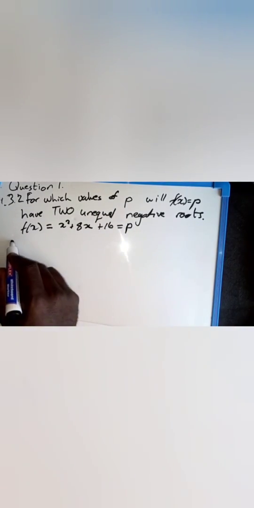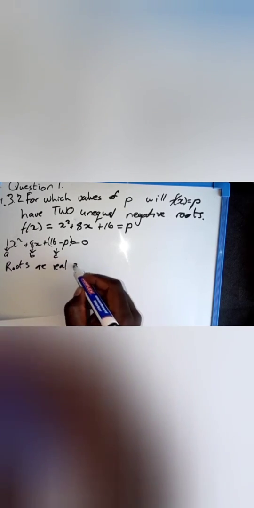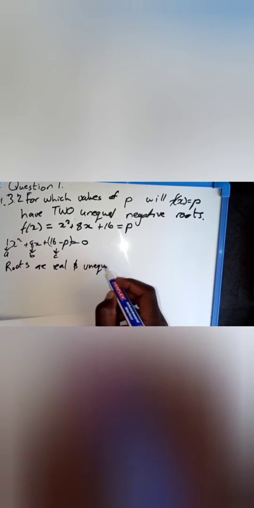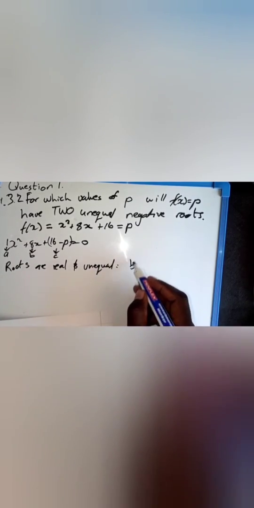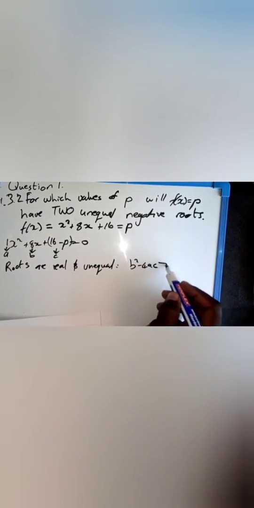First things first, you say x squared plus 8x plus 16 minus p equals 0, which means here you've got a 1, here I've got 8, and here I've got 16 minus p. This will be a, this will be b, and this will be your c, right? So for this to have roots that are real and unequal, this is what must follow: b squared minus 4ac must be greater than 0.